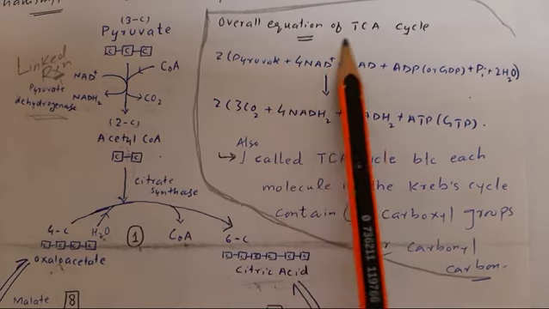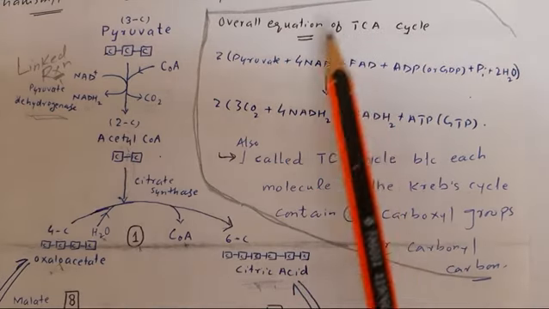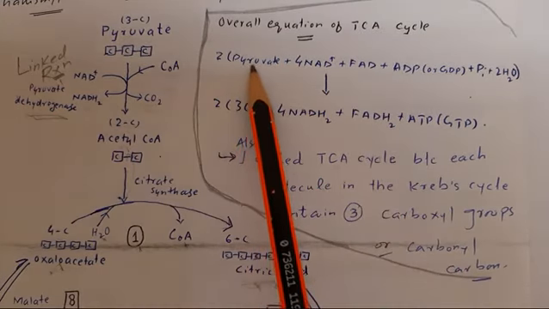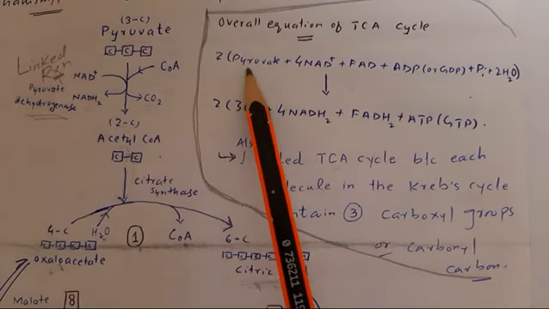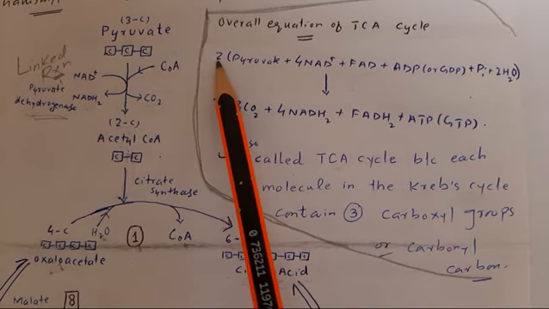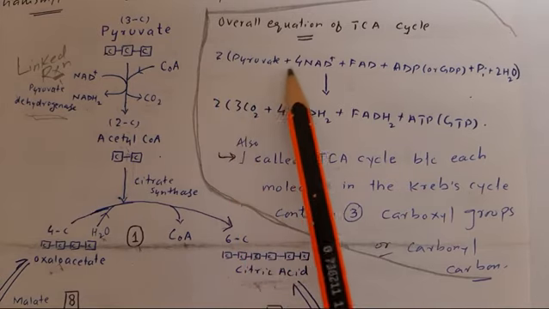Now this is the overall equation of the TCA cycle or Krebs cycle. As you know, there are 2 pyruvate molecules produced at the end of glycolysis.